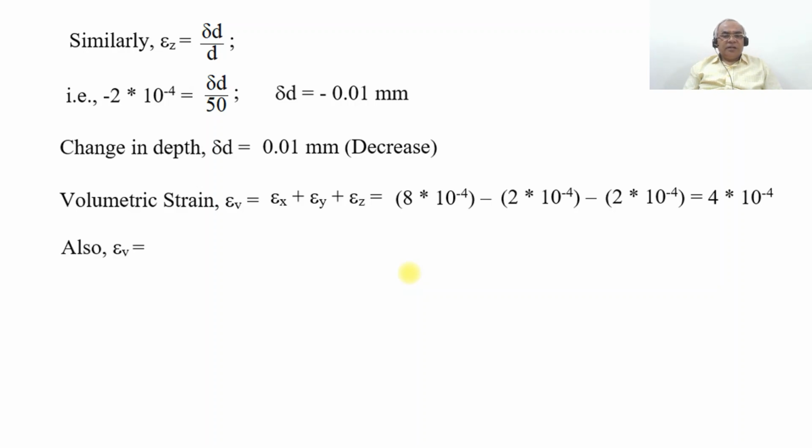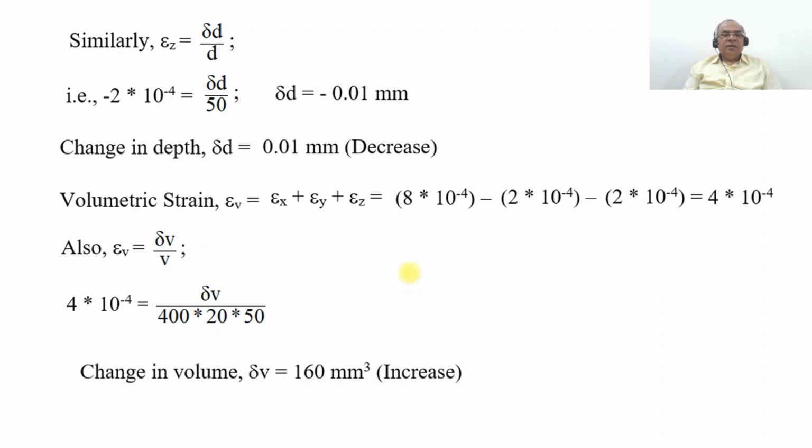Also we know epsilon V will be equal to delta V by V. So epsilon V is 4 into 10 to the power of minus 4, which is equal to delta V by 400 into 820 into 50. Therefore, change in volume delta V will be equal to 160 mm cube, which is a positive value. Therefore, it is an increase in volume.